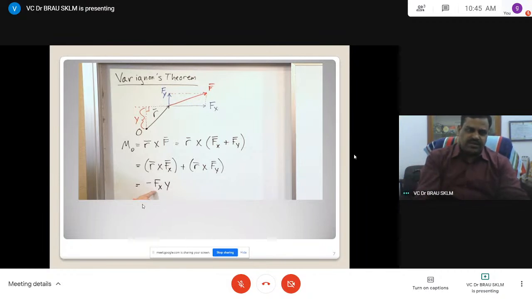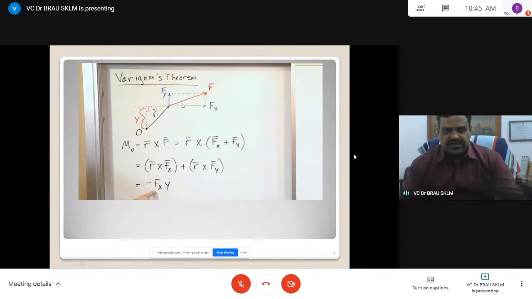These two are perpendicular, so see the cross product R cross F. This is 90 degrees already. You resolve Fx and Fy. This is the resultant force F, Fx, Fy. The moment about this point of the resultant force is R cross F, which is the moment about xy, R cross Fx, Fy.